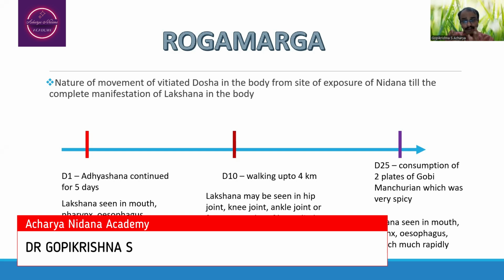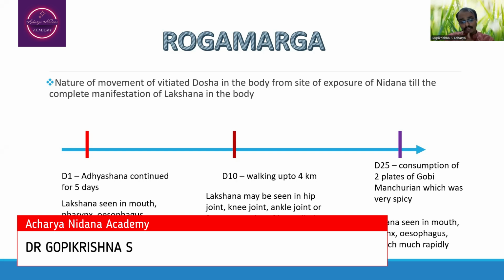Further, on the 25th day, the person consumes 2 plates of gobi Manchurian, which is very, very spicy. In that situation, the lakshanas will specifically be observed in the mouth, pharynx, esophagus, and stomach.